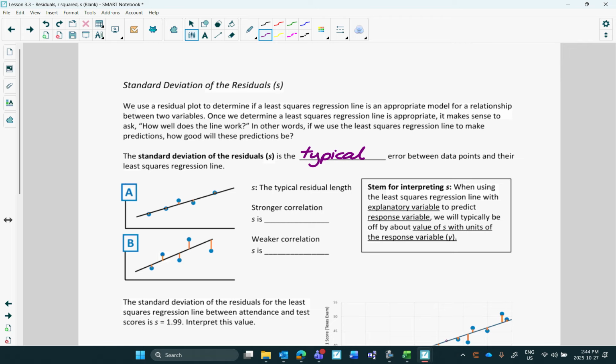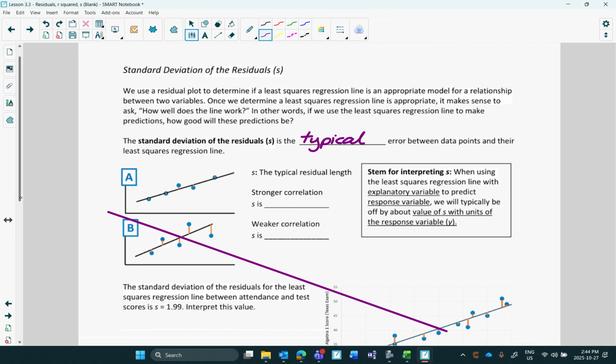We're not going to calculate these. You're going to be given them, and then you interpret them as to whether it's good or not so good. So if you look at a couple of examples, in this one, all these orange lines are the residuals.